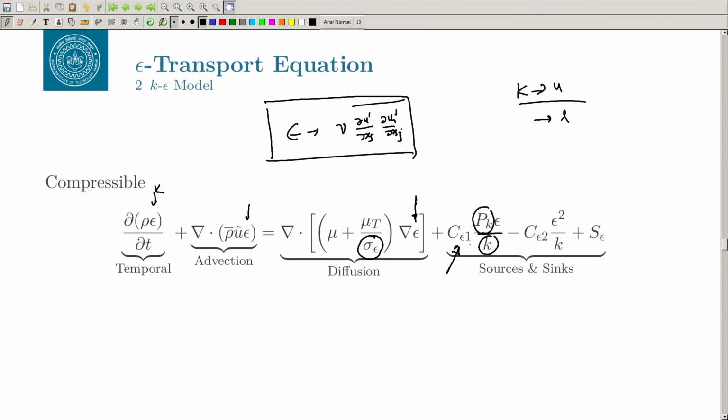You can see many different transport equations for epsilon in different models. If you are going for standard K epsilon, or RNG K epsilon, or any other K epsilon like Realizable K epsilon, this equation will be different, and the coefficients like c epsilon 1 and c epsilon 2 will also be different. These are the sources and sinks for the epsilon transport equation.